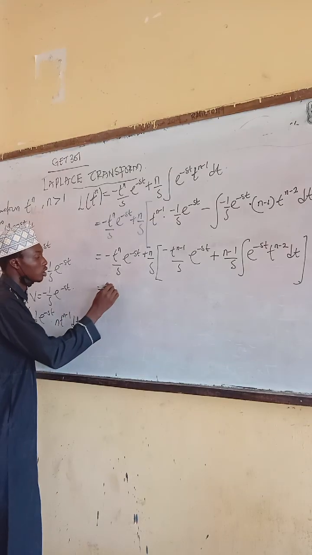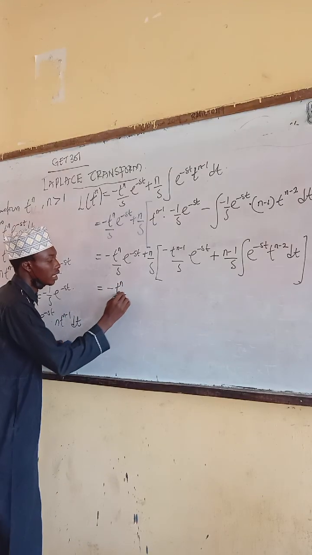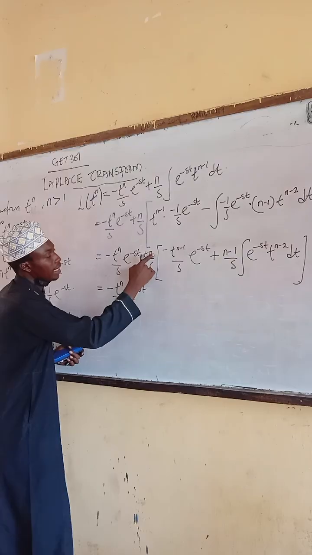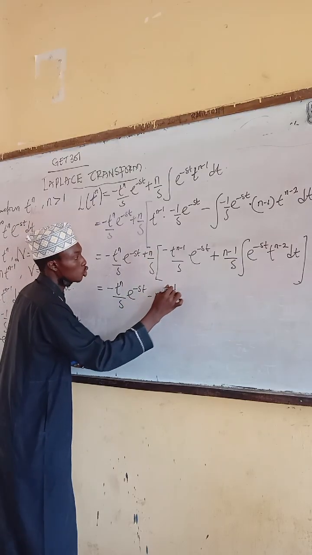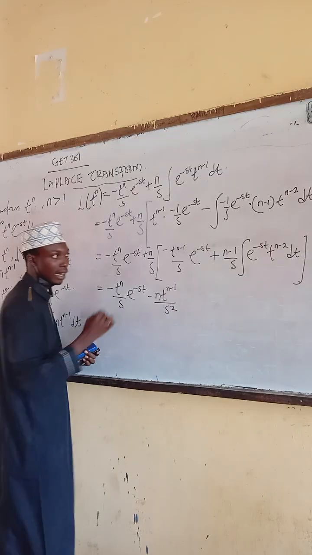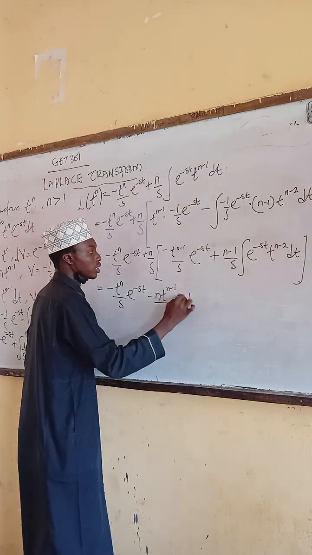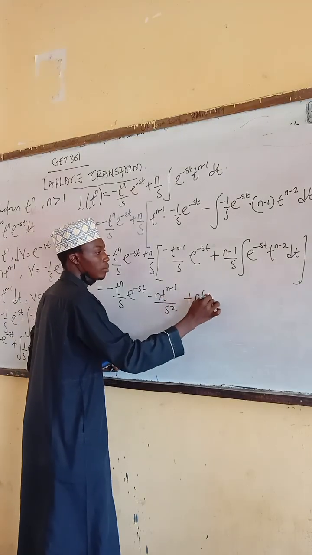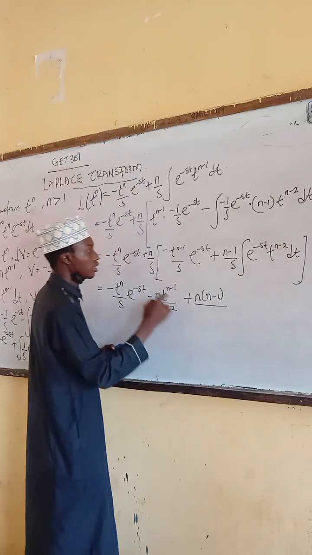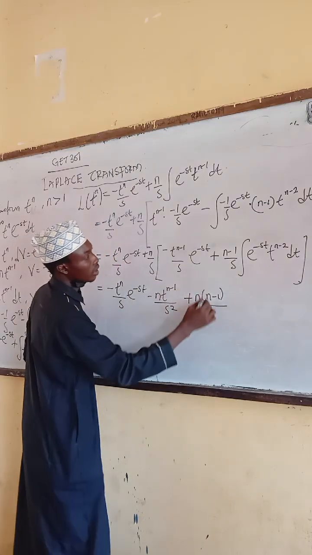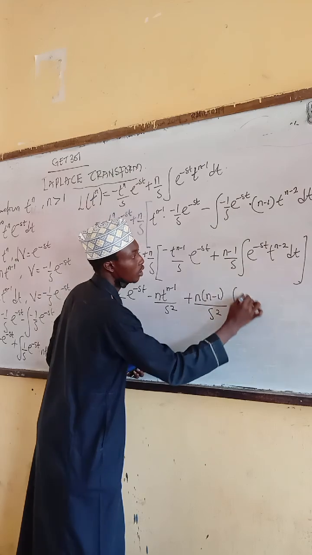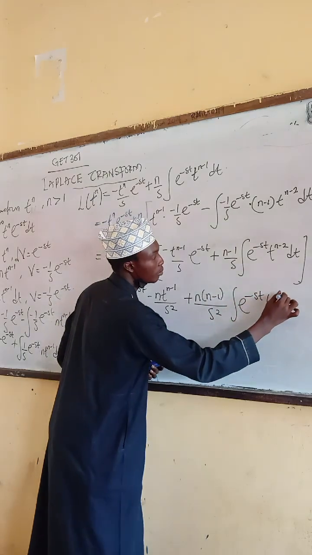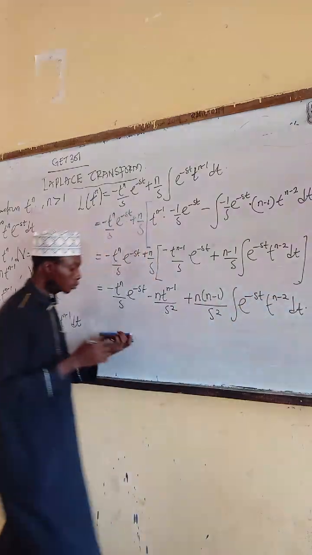Minus t raised to power n over s exponential minus st. N times this, you are going to have minus n t raised to power n minus 1 over s squared, plus n times n minus 1 over s times s, which is s squared, integral of exponential minus st t raised to power n minus 2 dt.